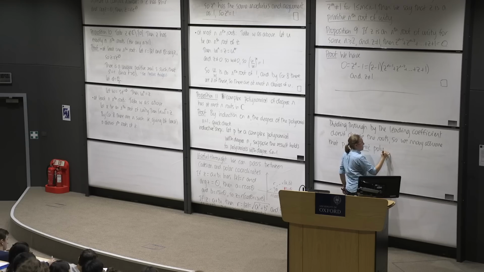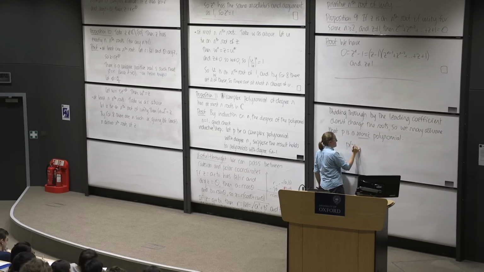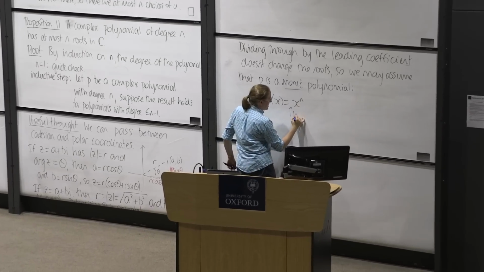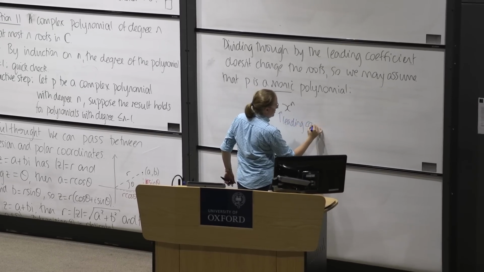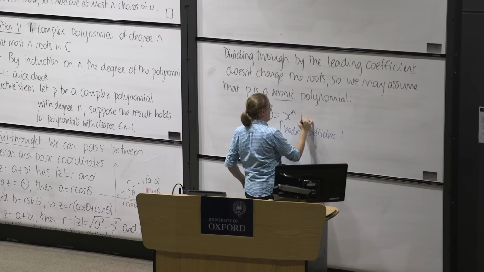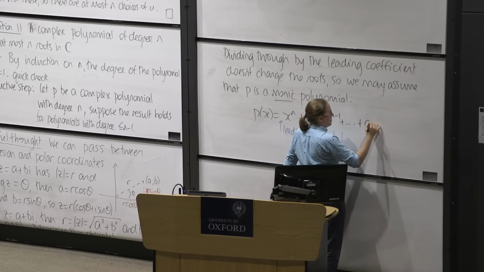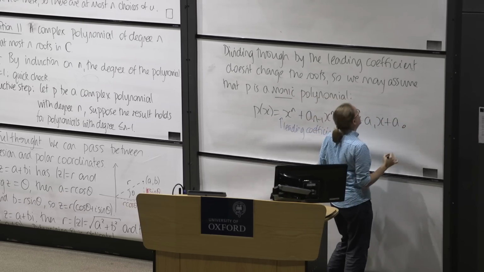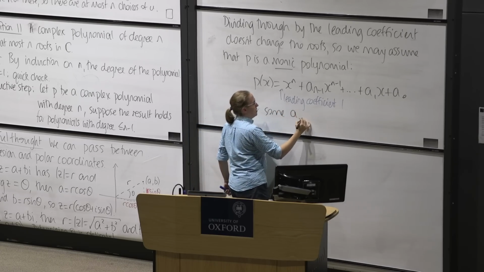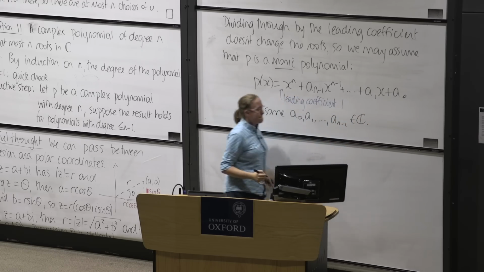Monic means it has leading coefficient 1. So P of x is x to the n, it has leading coefficient 1 because it's monic, plus a n minus 1 x to the n minus 1 plus dot dot dot plus a1 x plus a0 for some a0, a1, dot dot dot, a n minus 1 in C.